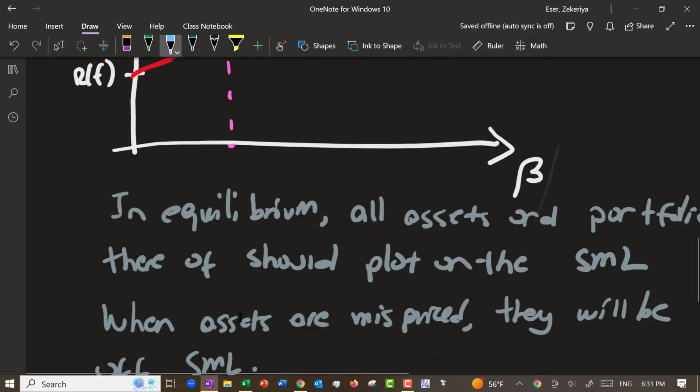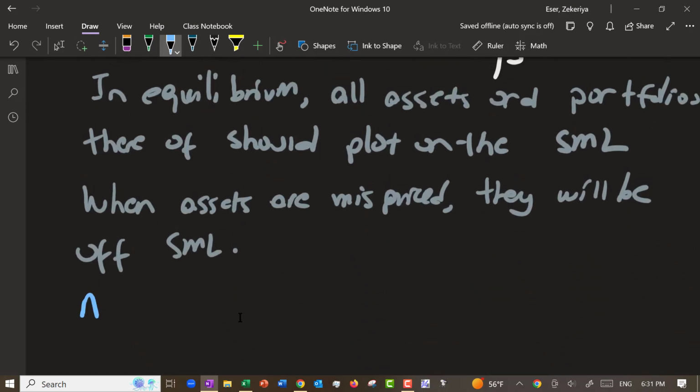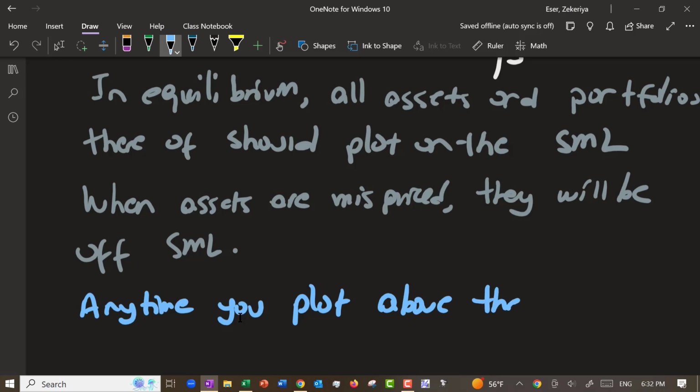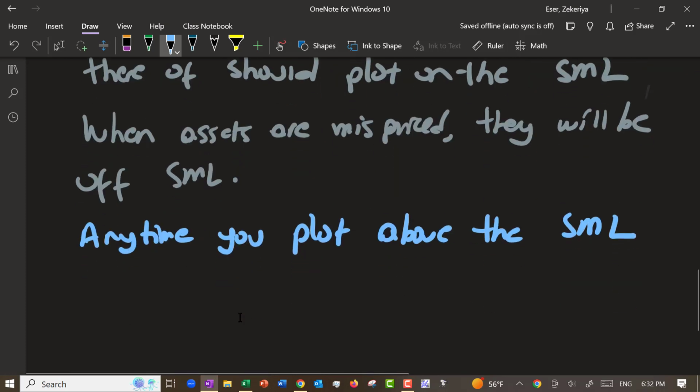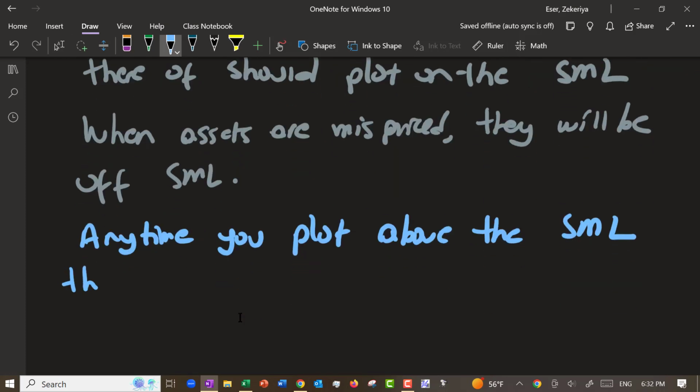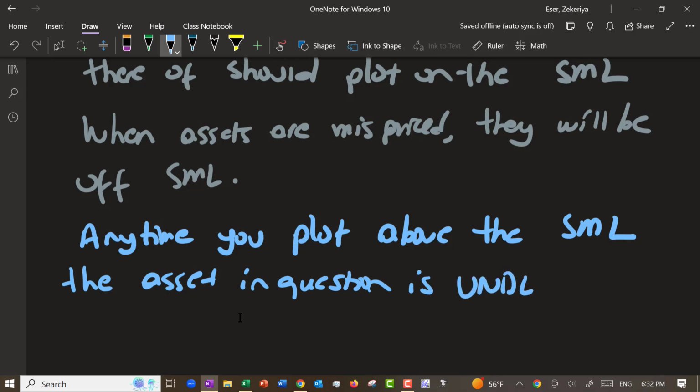So anywhere, anytime you plot above the SML, the asset in question is underpriced. Underpriced.